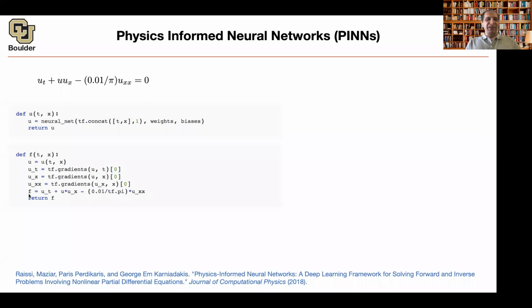And what is the definition of being physics informed? Why do we call F physics informed? What is the definition? Any samples that you generate from your weights and biases. So you pick your weights and biases at random. That's going to give you two functions, u and f.